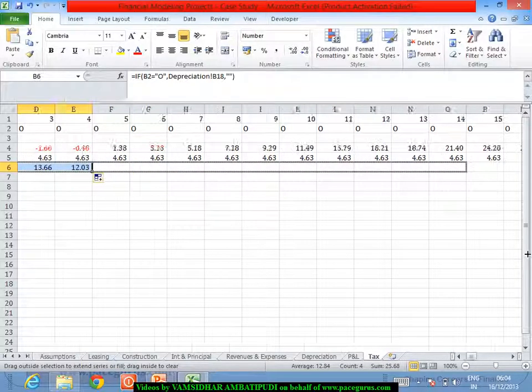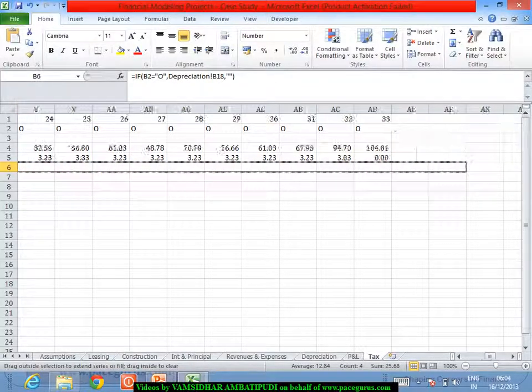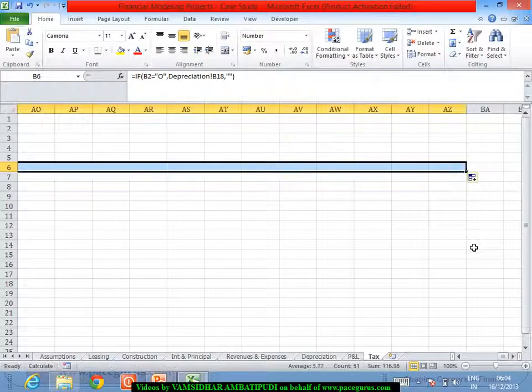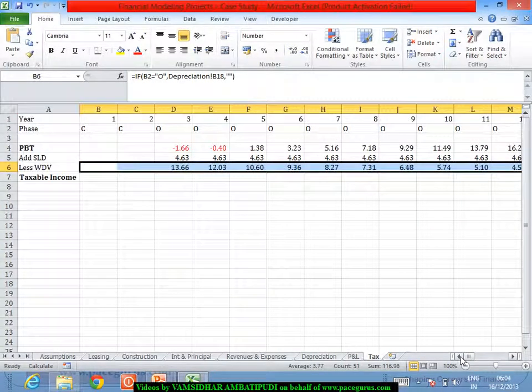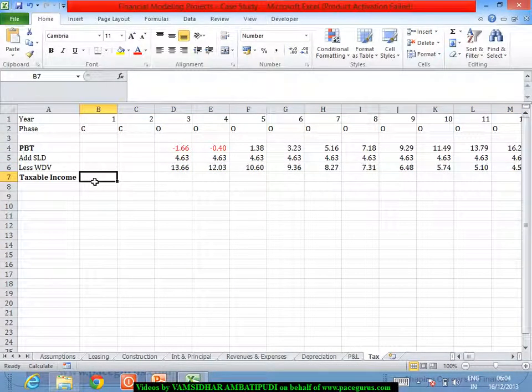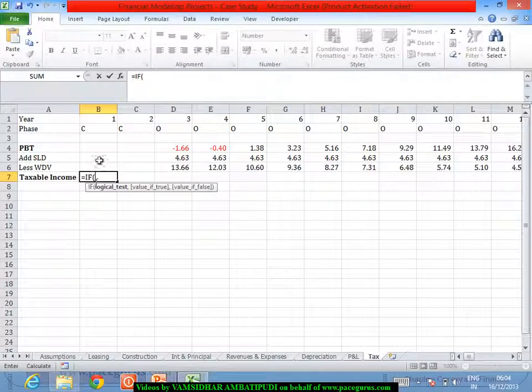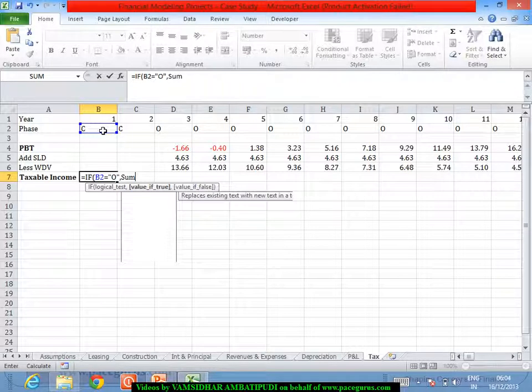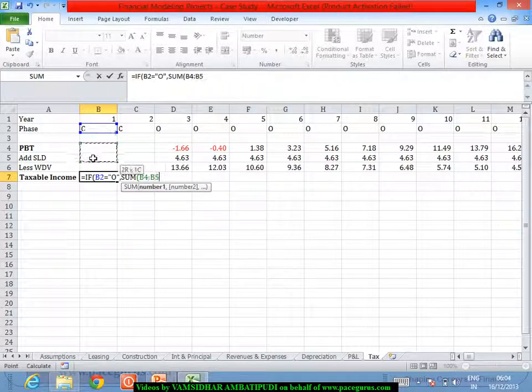From here, what is coming out for me is the actual taxable income. So when I'm saying taxable income, if this is equal to O, I'm going ahead with the summation of these two and the negative of this. That is what is going as a part of my taxable income.